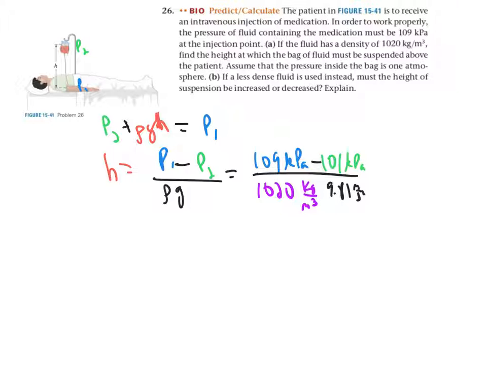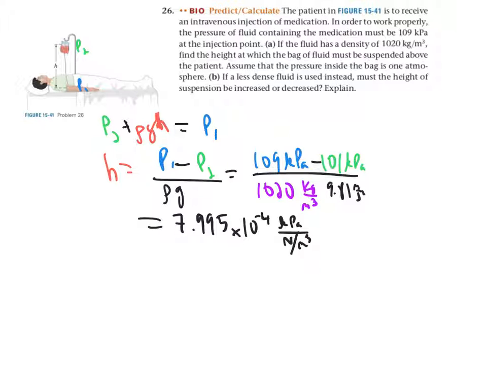Well, let's walk through and see what comes out. We get what seems to be a disturbingly small number, 7.995 times 10 to the minus 4. But we have to be careful because of our units. We have kilopascals over kilograms times meters per second squared, which is newtons per meter cubed.